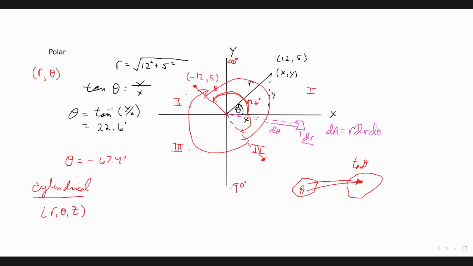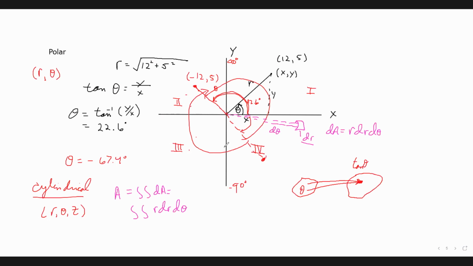So I could integrate this differential area over something and get what the area is. In fact, let's do it for a circle because a circle is really easy. So I want to know the area of a circle. Well, the area of a circle is the integral over theta and r of dA, which is equal to the integral r dr d theta.